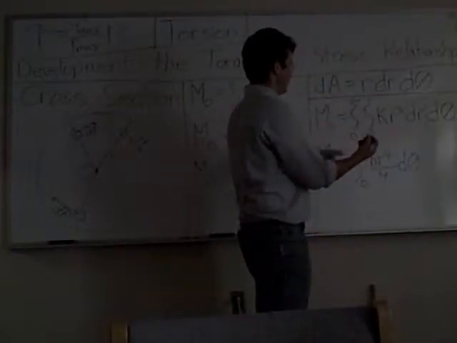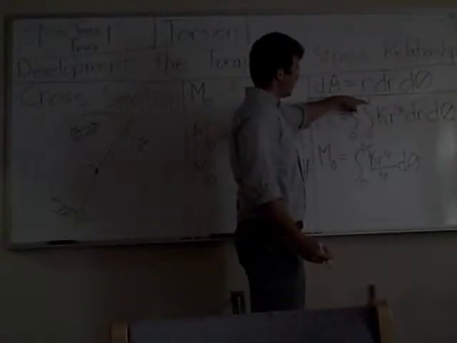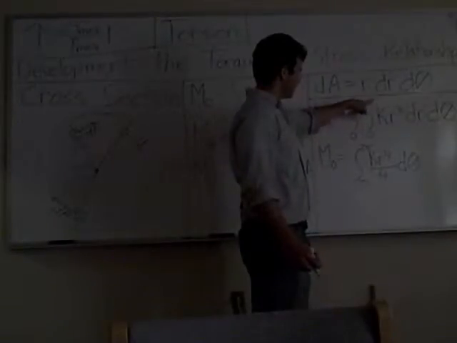And so at the time, this was a solid rod. So we went from just 0, which is the minimum possible distance from the center, to whatever point we're looking at, so to r, whatever that distance is from the center.